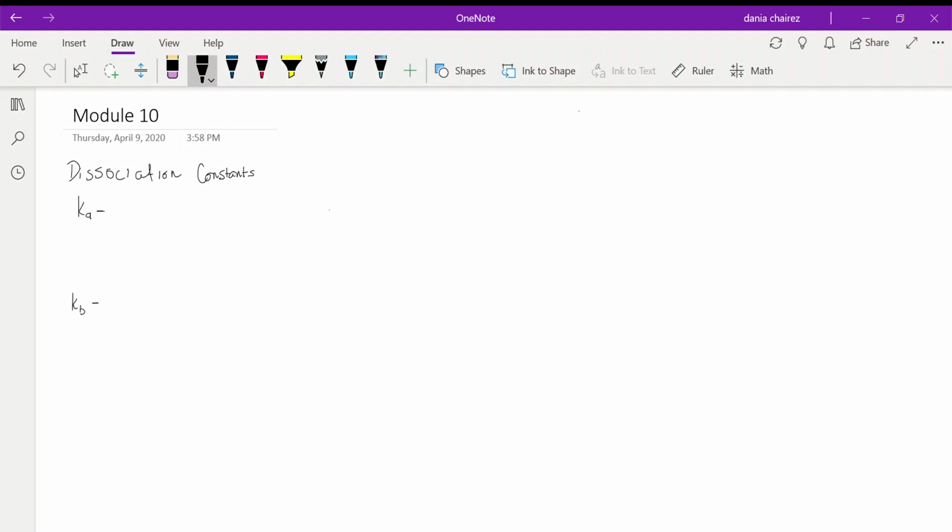So Ka just means that the larger it is, the larger equals stronger acid. And with Kb, same thing. The larger the value, the stronger the base.